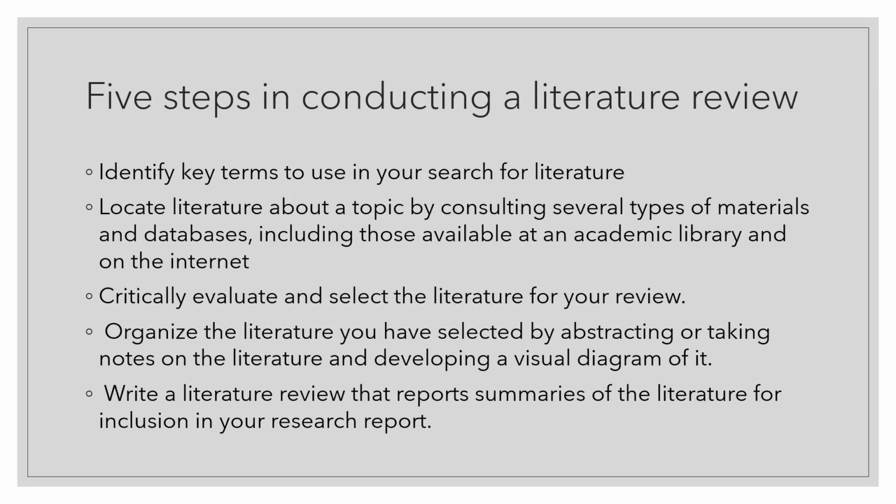There are 5 steps in conducting a literature review. The first one, you should identify the key terms to use in your research for literature, and then locate the literature about a topic by consulting several types of materials and databases, including those available at an academic library or the internet, and then critically evaluate and select the literature for your review, and then organize the literature you have selected by abstracting or taking notes on the literature and developing a visual diagram of it.